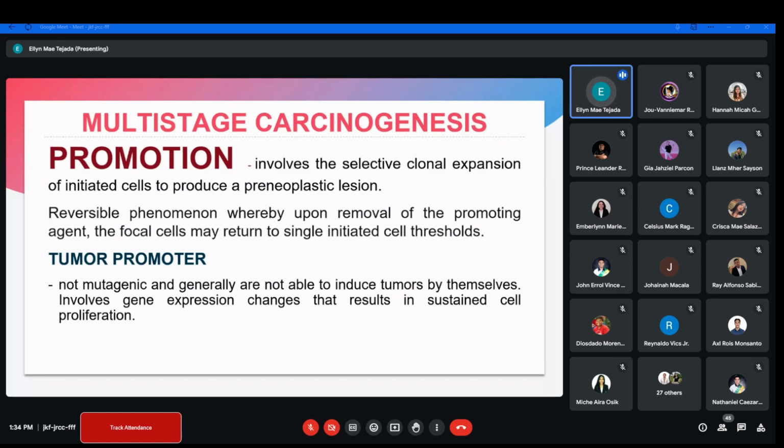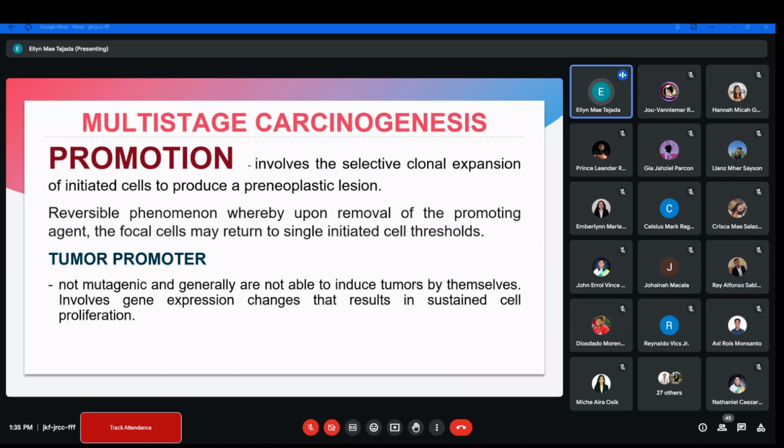Tumor promoters are not mutagenic and generally are not able to induce tumors by themselves. Rather, they act through several mechanisms involving gene expression changes that result in sustained cell proliferation, either through an increase in cell proliferation or by inhibiting apoptosis, or cell death.